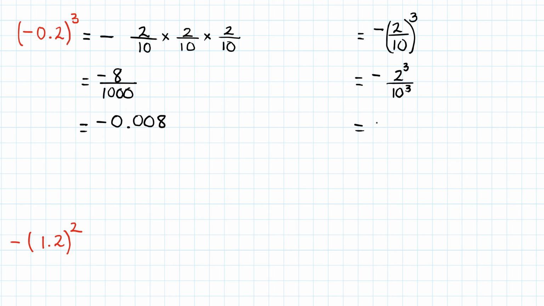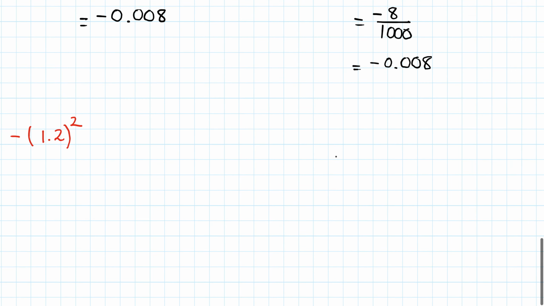And this is equal to negative 2 to the power of 3, I know that is 8. And 10 to the power of 3, I know that is 1,000. So my answer is negative 0.008. 8 thousandths. Negative 8 thousandths. Wonderful. Now, let's do the last one.